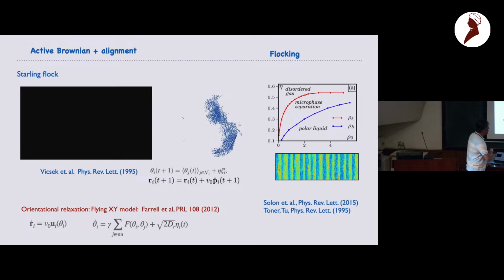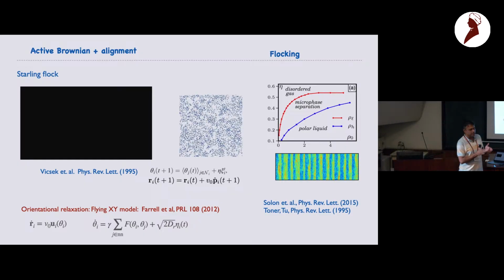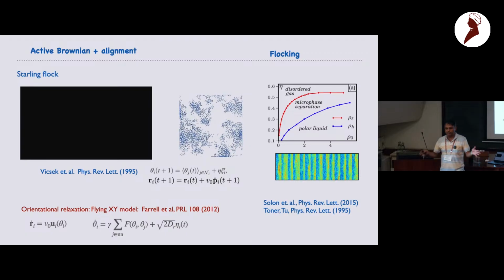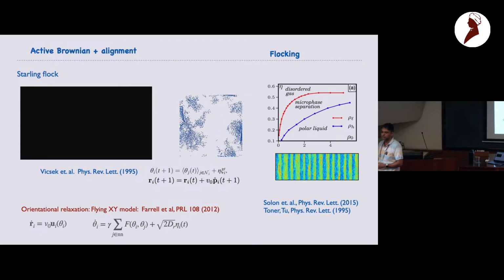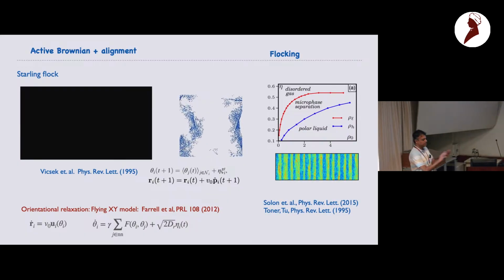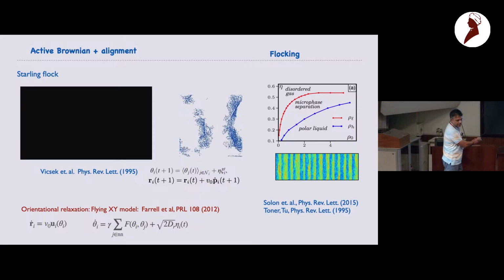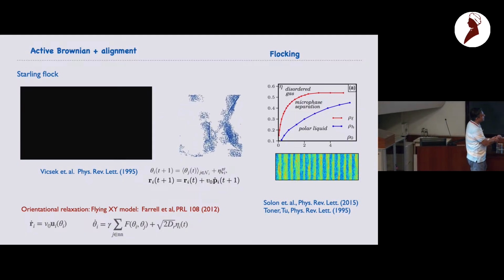But in the original Vicsek model and many other Vicsek style models, what people typically assume is that taking the orientation of the neighborhood happens instantaneously. So I just calculate the average orientation of the neighborhood and I take that orientation. This is the rule by which that update happens. And then there can be some noise.